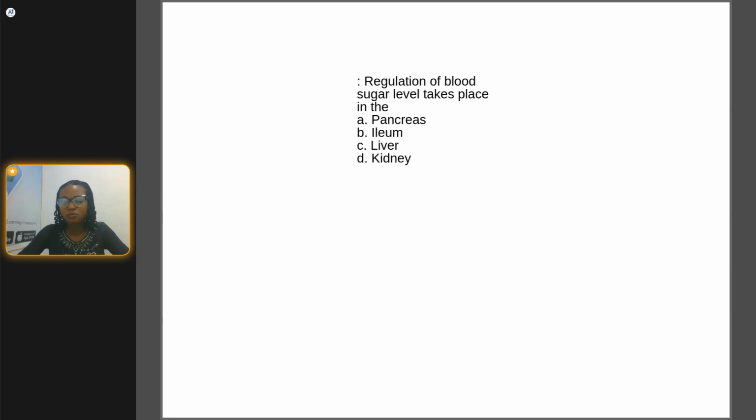I said the liver produces bile, it detoxifies blood, and it helps in regulating blood sugar. So the answer is liver. Thank you. I'm going to wipe off the board so we can have space for the next question.